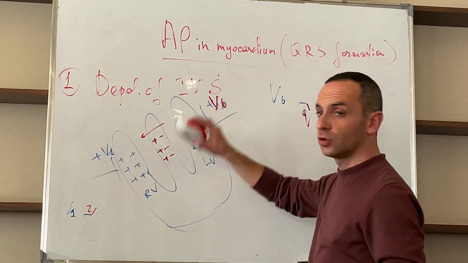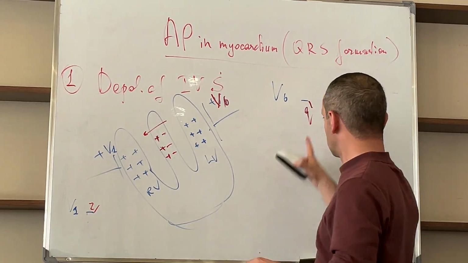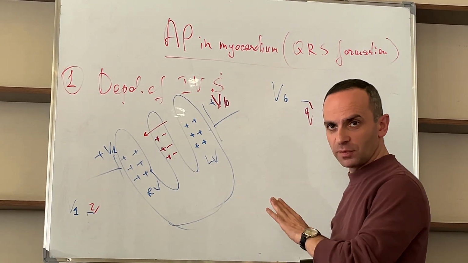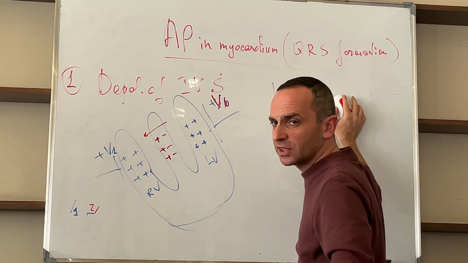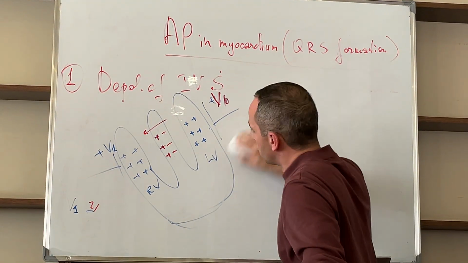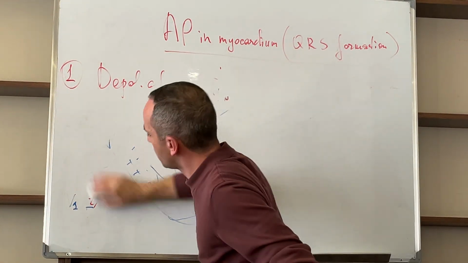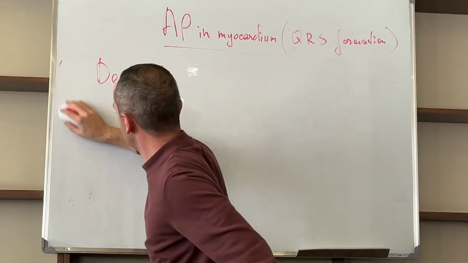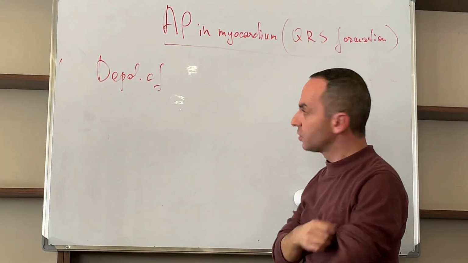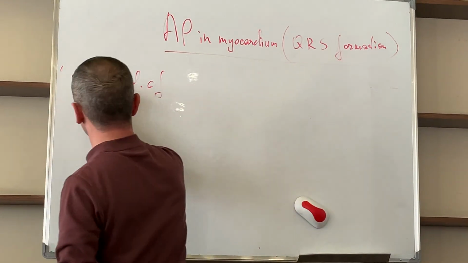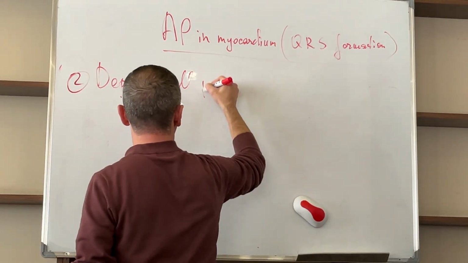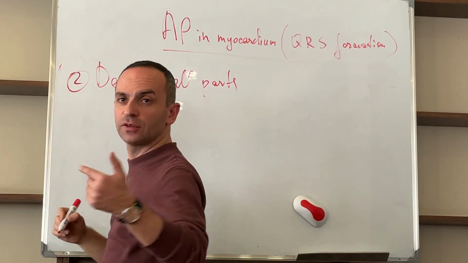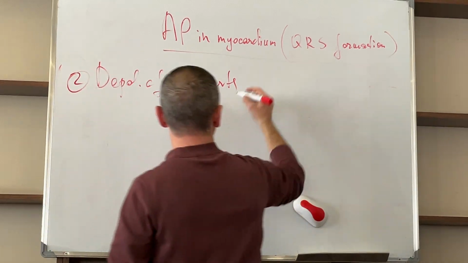Now I will erase this. Okay, remember. Now the second moment: the depolarization of all other parts besides basal parts. Logically, the interventricular septum already is depolarized.